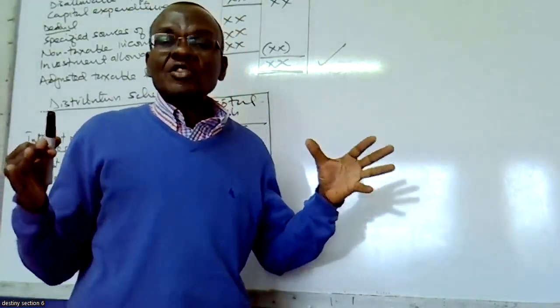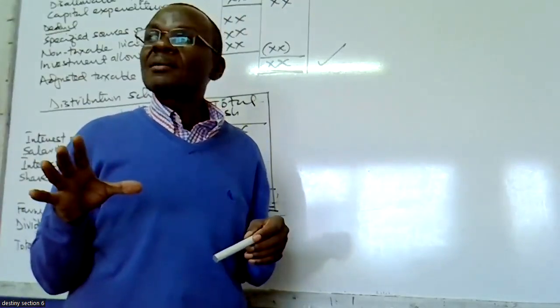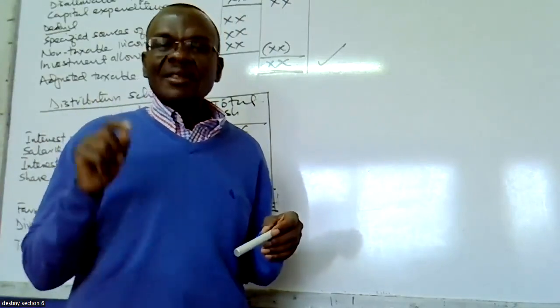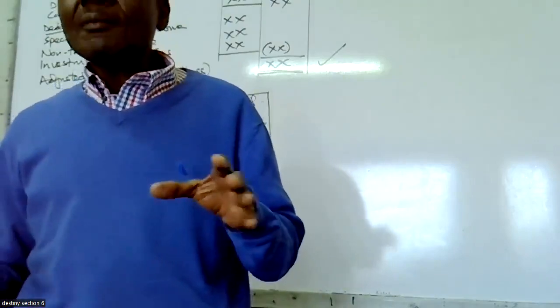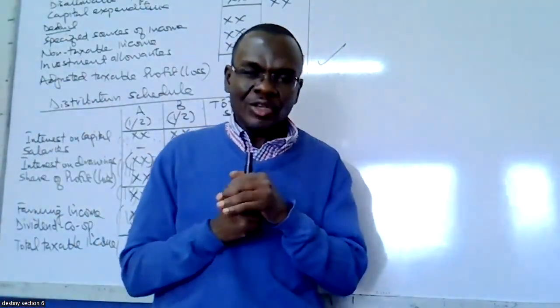There are two likely approaches to apportionment. The first, apportionment A, will be where all revenues and expenses accrue equally during the year.